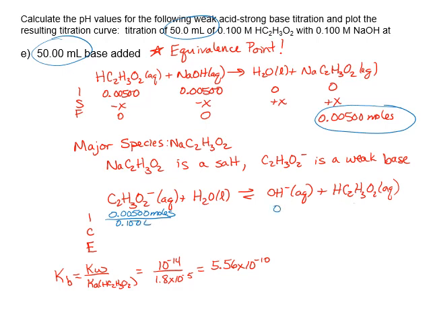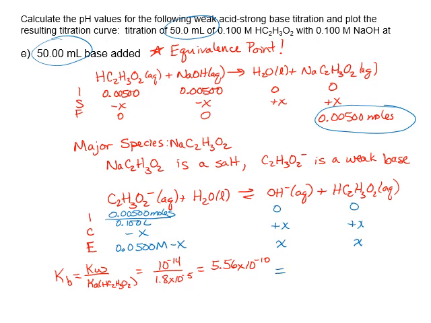We'll assume that we start with 0 hydroxide and 0 acetic acid. In our ice table, we have minus x, plus x, plus x. So here we have 0.05 molar minus x of the acetate, x and x of our two products.